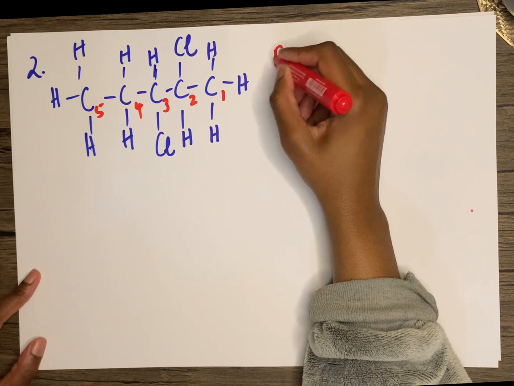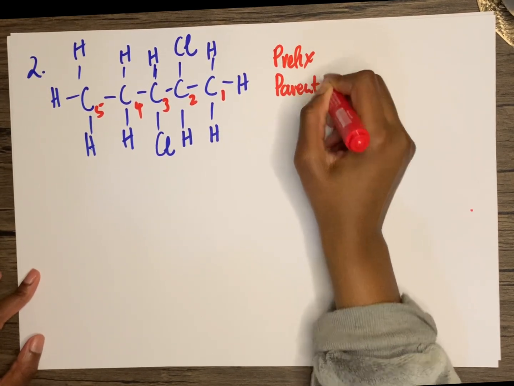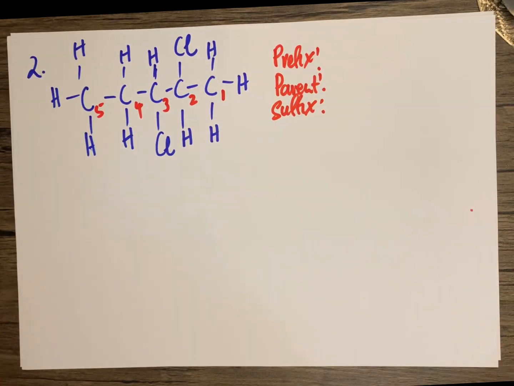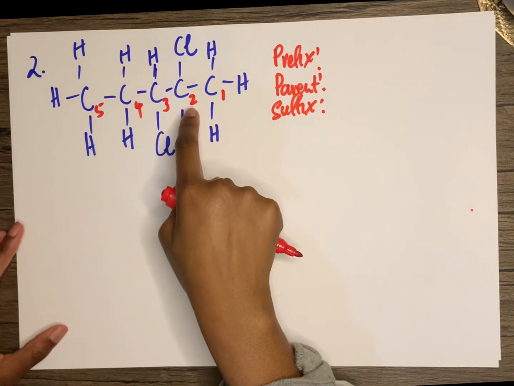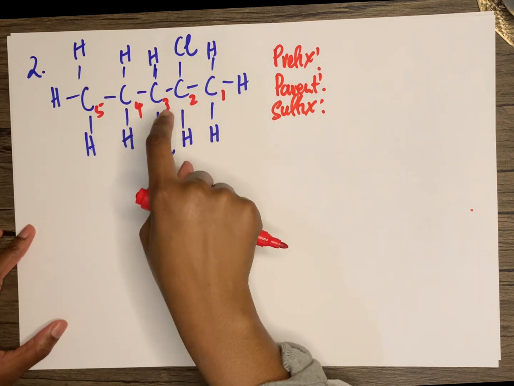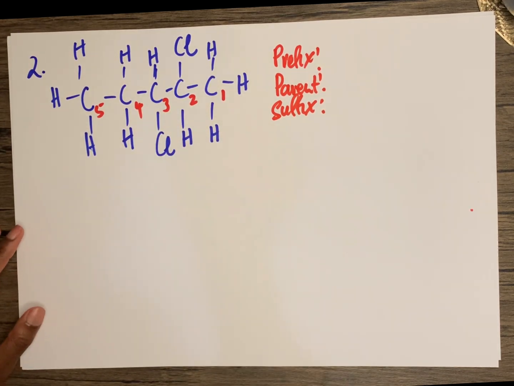And then we have prefix, parent, and suffix, like that. Prefix now has a chlorine in the second carbon and another chlorine bonded to the third carbon. So I have to specify both positions.